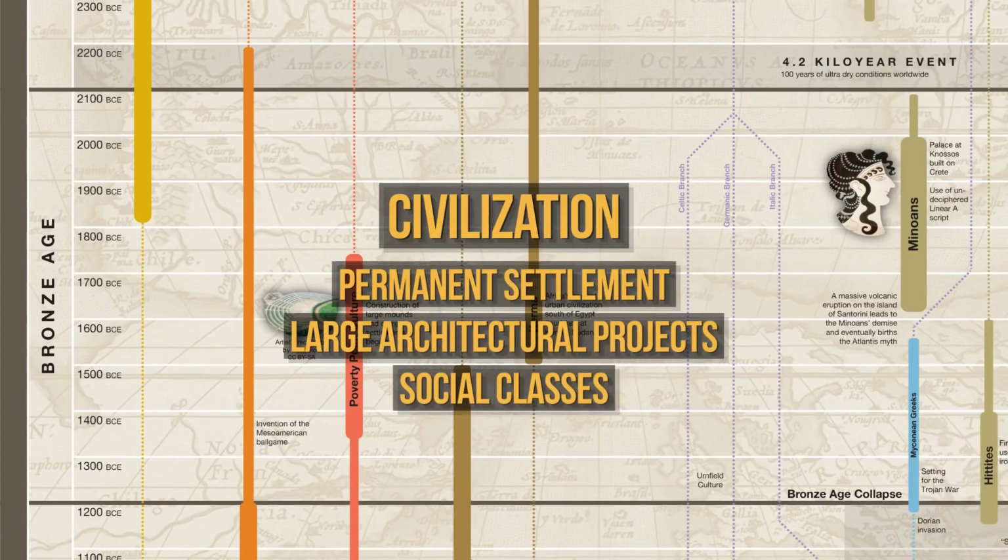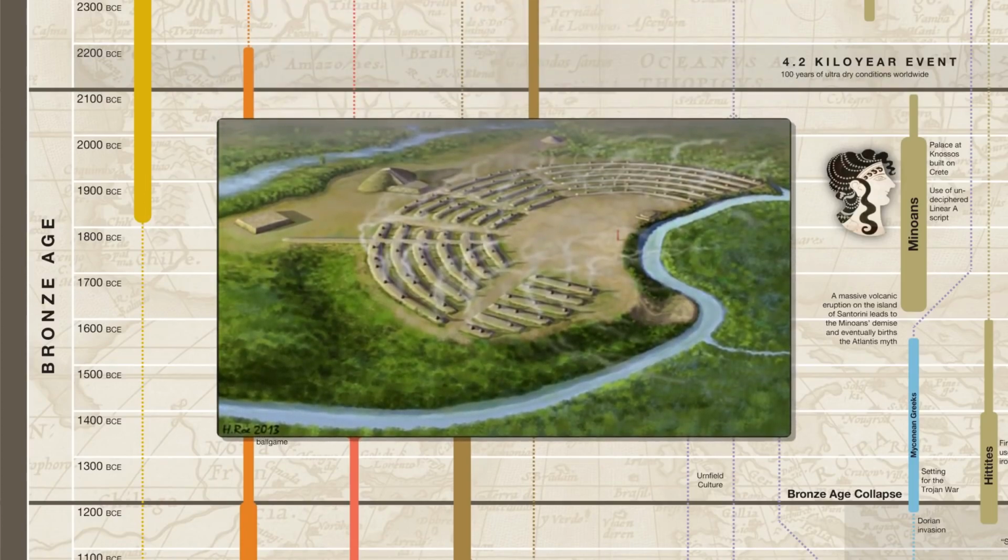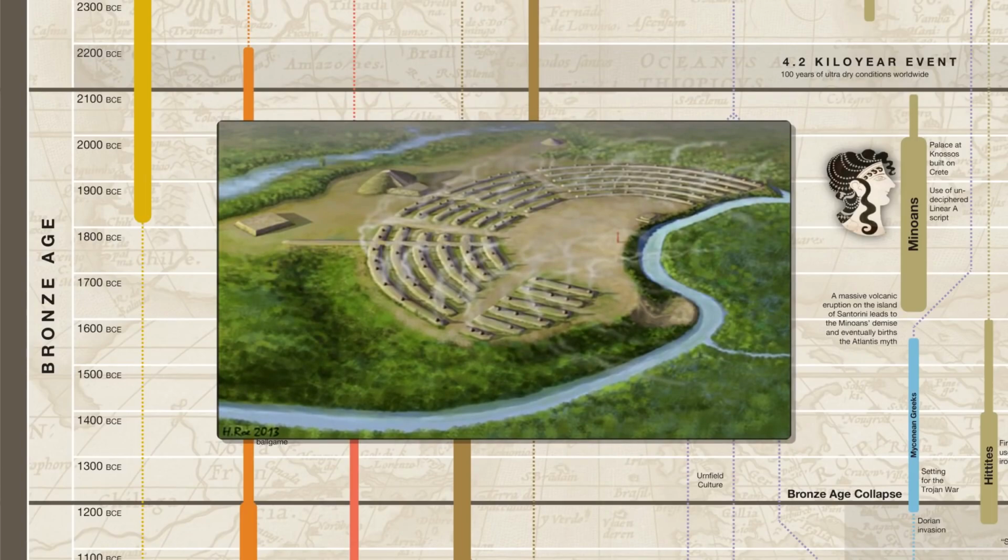A lot of people assume that these sorts of things simply did not exist in North America prior to European arrival, but they did, and Poverty Point is a good example of that. It is one of the earliest examples of North American mound building, a tradition that lasted over 5,000 years.